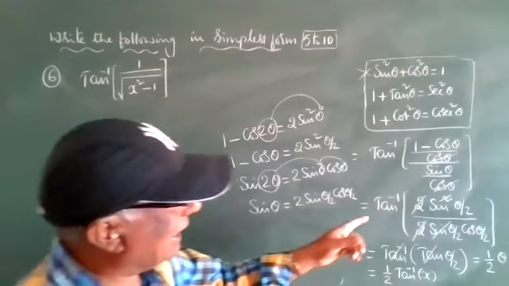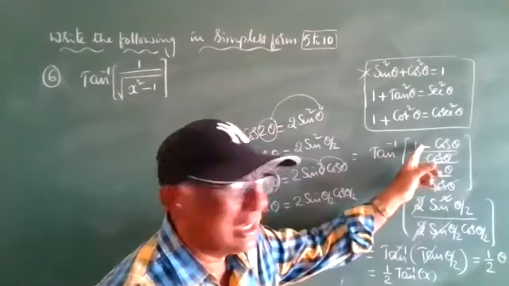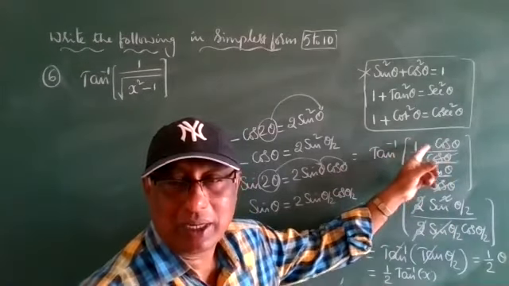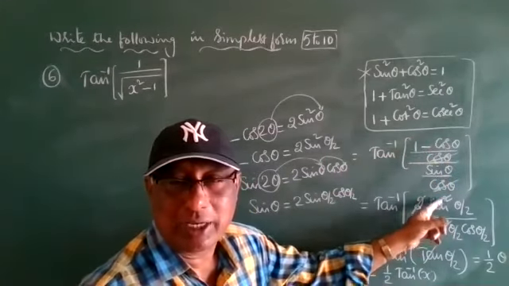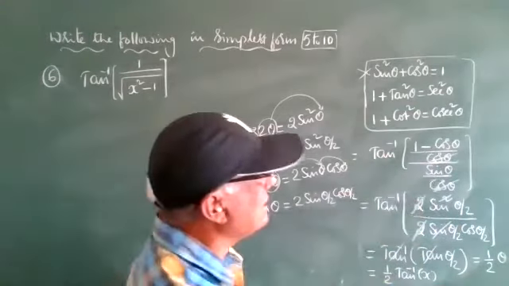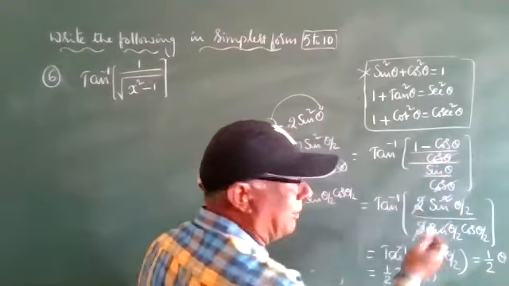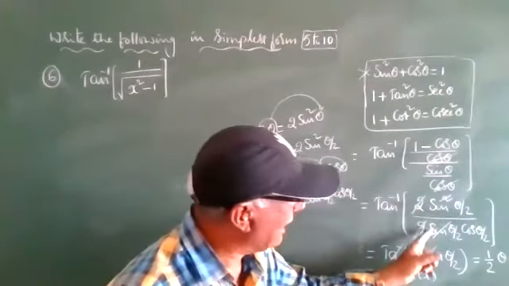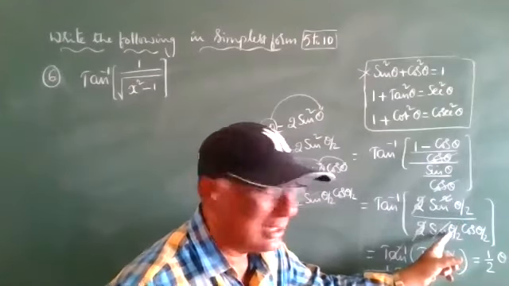So we write 2 sin square theta by 2 in place of 1 minus cos theta, and in place of sin theta we write 2 sin theta by 2 cos theta by 2. The 2 cancels, one sin cancels.